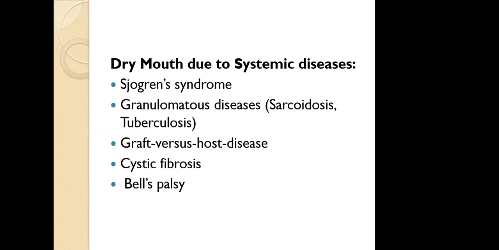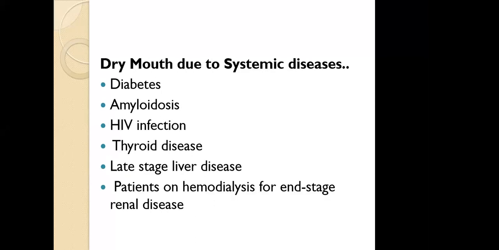Then there's cystic fibrosis and Bell's palsy. So the causes can be really many. So it is just a symptom of an underlying cause. So when you see your patient now in the clinic complaining of dry mouth, then find out what is causing this dry mouth. So taking the history becomes very, very critical.